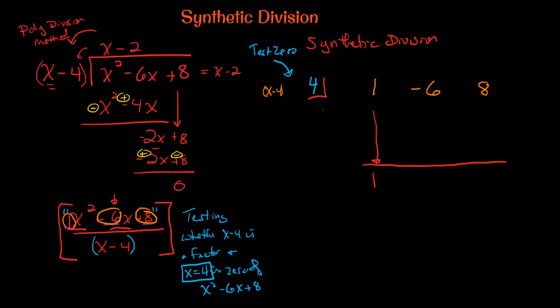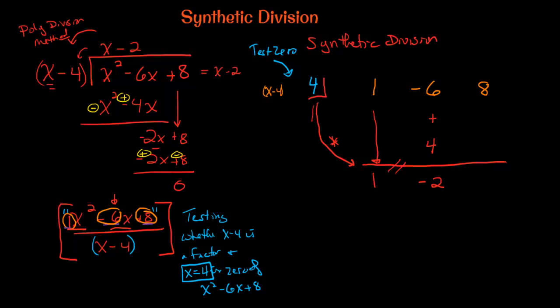Next thing we do is we take the test value 4 and we multiply it times this value of 1, and 4 times 1 gives me a value of 4. And then from there on after, we're always going to add our columns. So negative 6 plus 4 gives me a value of negative 2.